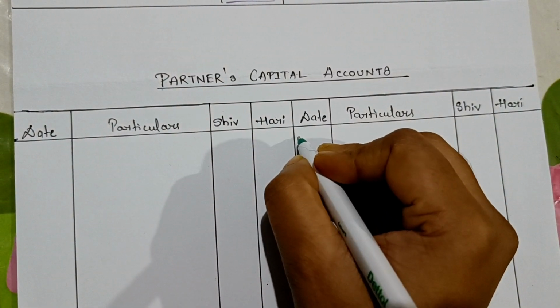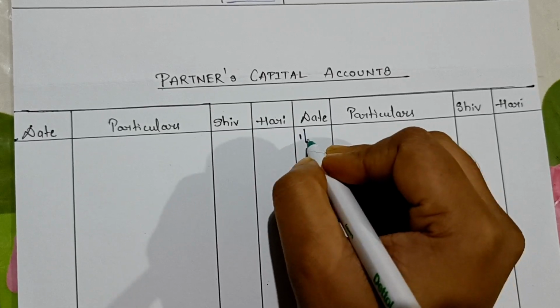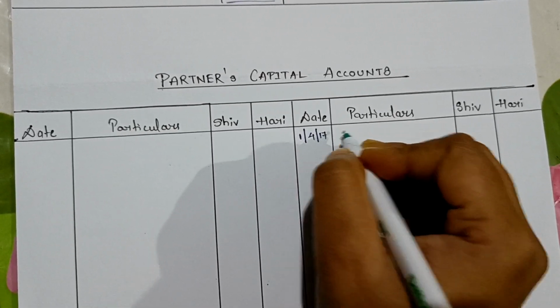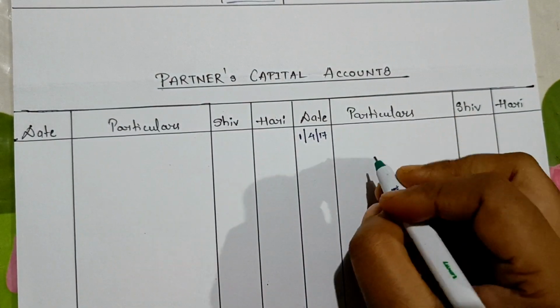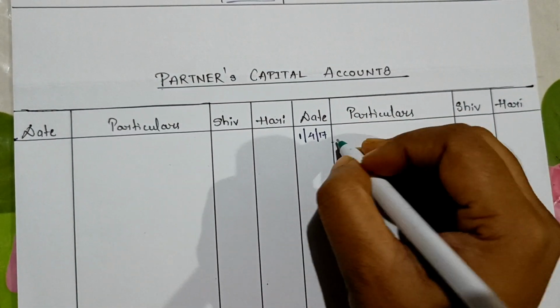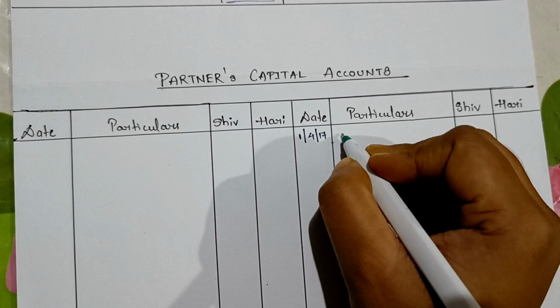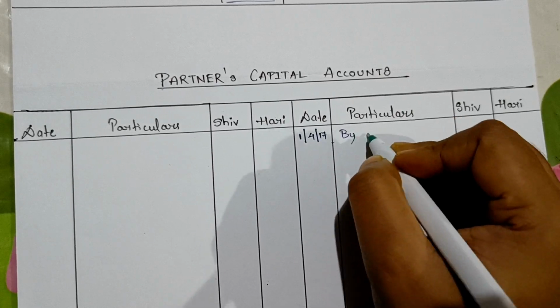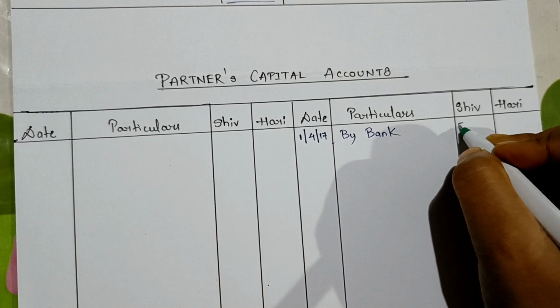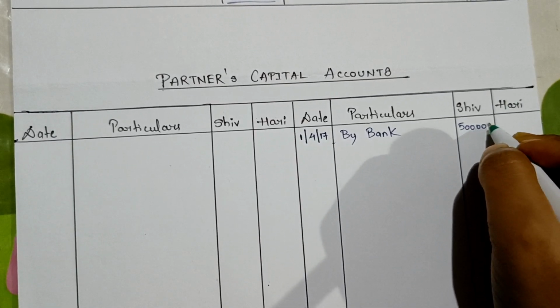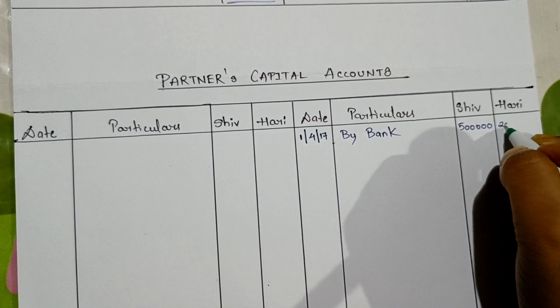This will be posted. So first we will post the capitals. On 1st April 2017, Hari and Shiv both brought capital to the business. We will enter it by bank. By bank, Shiv has brought 5 lakh, Hari 2 lakh.